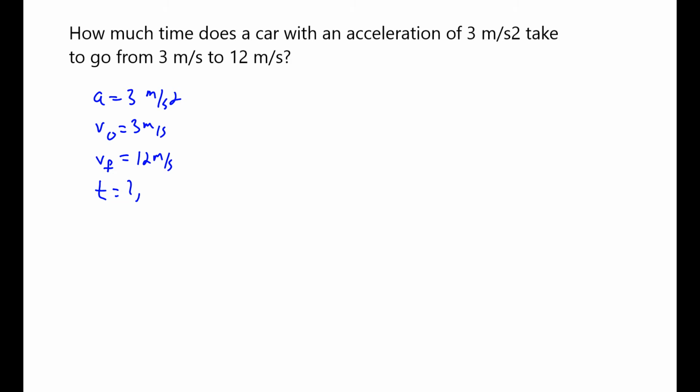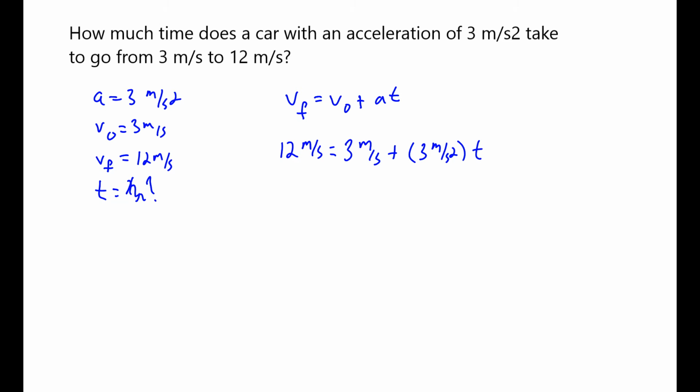So what equation from those kinematic equations has acceleration, initial velocity, final velocity, and time? Third one. So we got vf equals vo plus at. So vf is 12 meters per second equals vo, 3 meters per second, plus acceleration, 3 meters per second squared, times time.